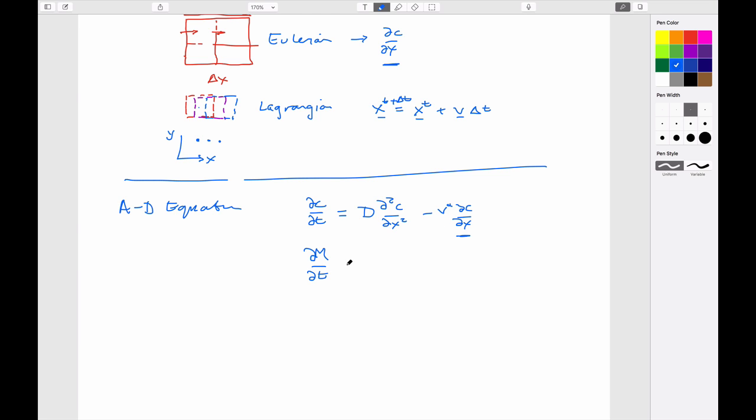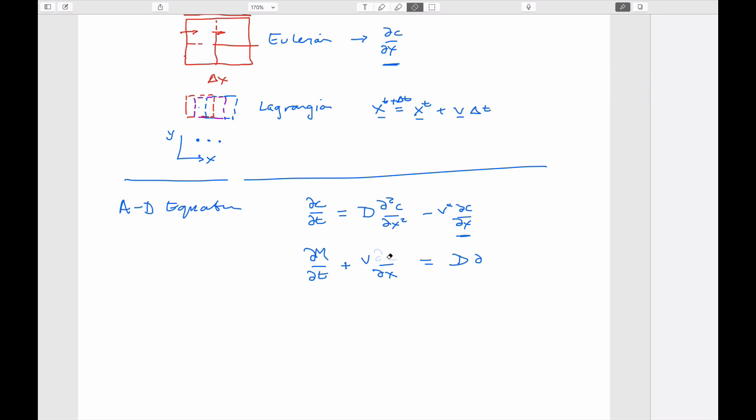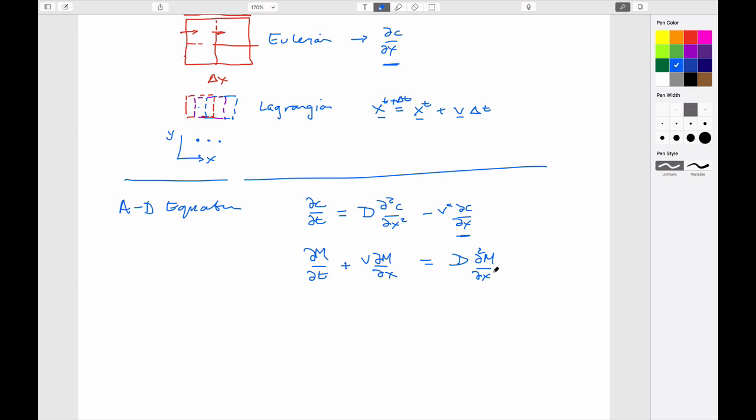And I'm going to move this term that's on the right-hand side to the left-hand side as v dm/dx equals the diffusion coefficient times the second derivative. So we have this. We haven't changed anything.